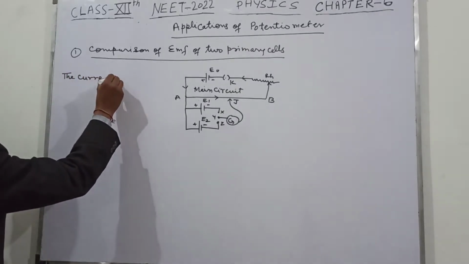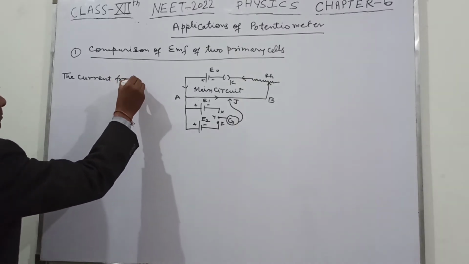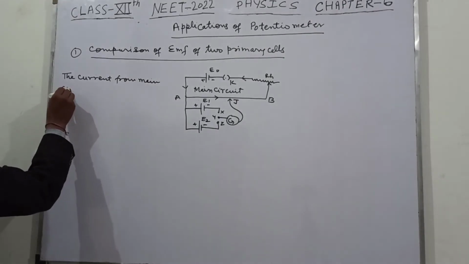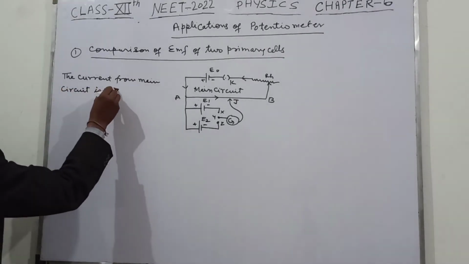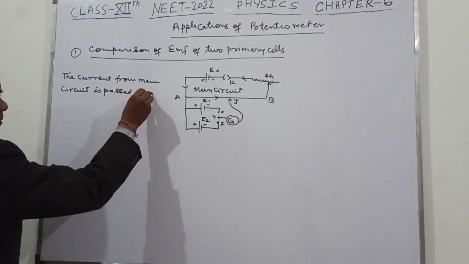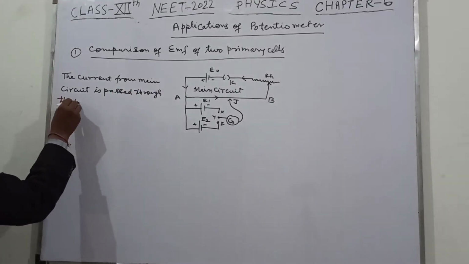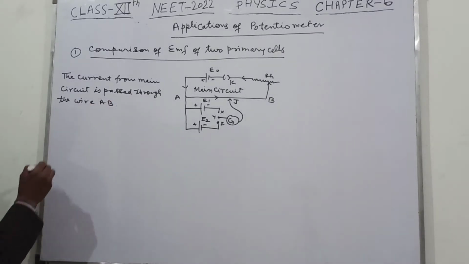The current from the main circuit is passed through the wire AB.